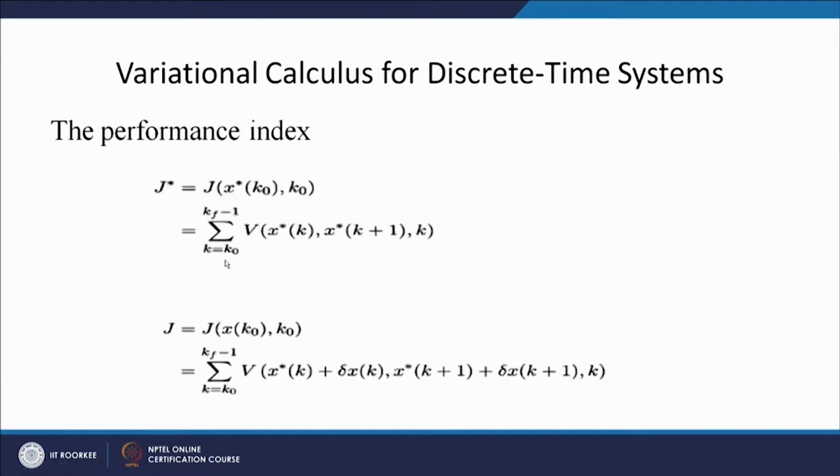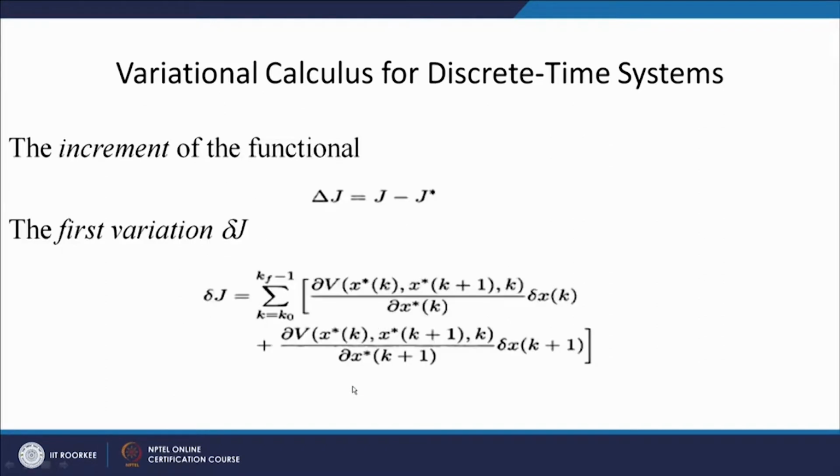So, we define j star at the optimal point and j at the variation point x star k plus delta x k. We find the increment, and from the increment we define our first variation as delta j. In the first variation we got two terms, delta x k and delta x k plus 1.